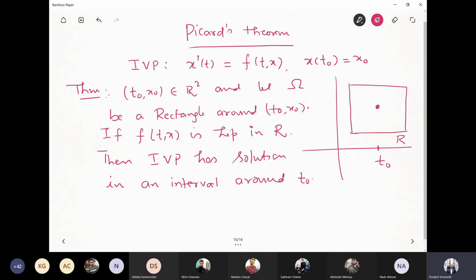That means you have a small interval around this point so that this initial value problem has a solution. So this is the curve which is passing through this point and satisfying the differential equation. And moreover, the solution is unique.